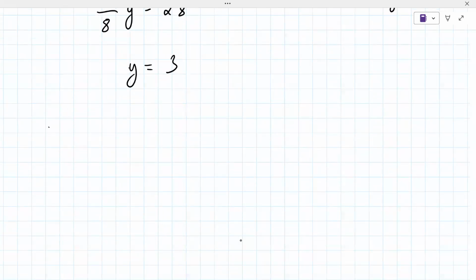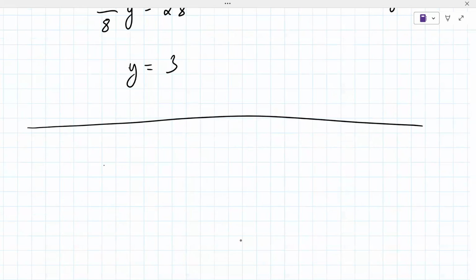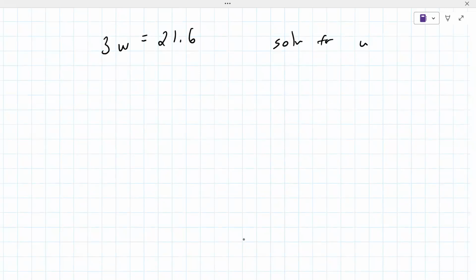Let's go 3w equals 21.6. w equals 7.2. Good. You're just dividing there.